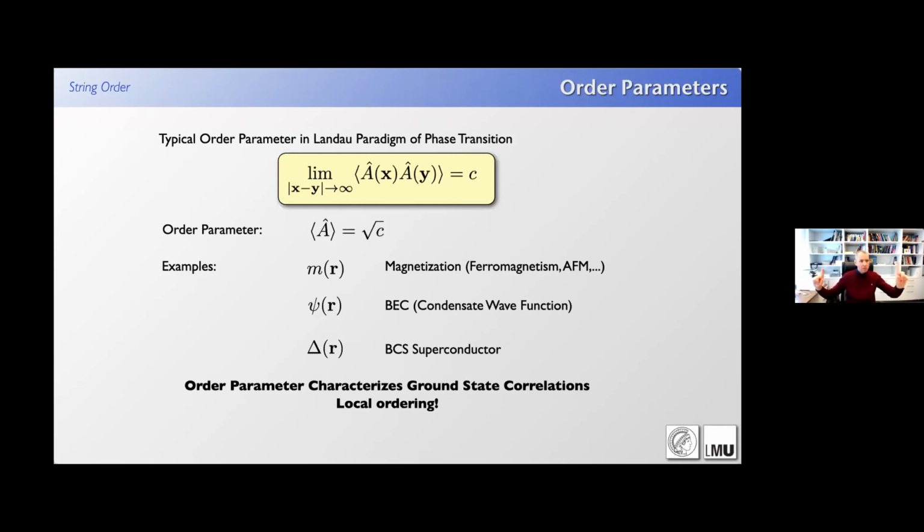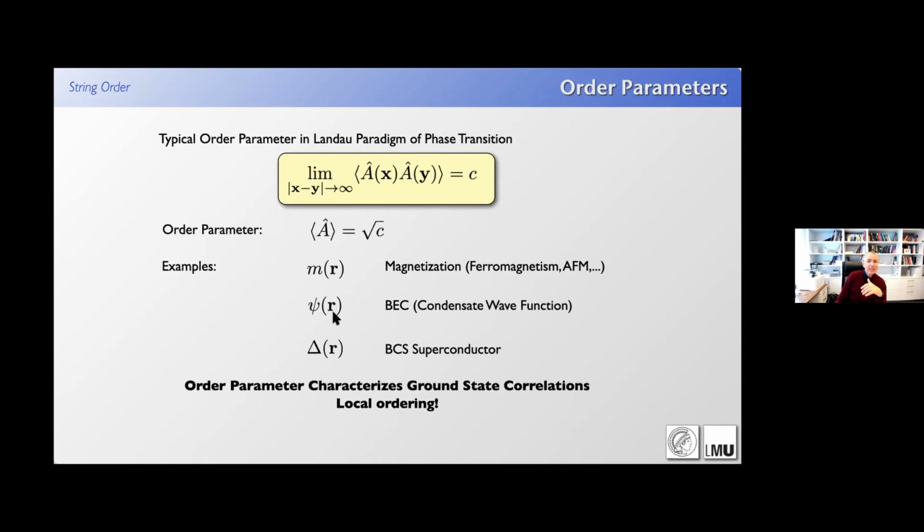So if you know the spin points up here, you know anywhere else on the chain the spin will also be pointing up. Same for a perfect antiferromagnet. If you have this up, down, up, down ordering and you tell me this spin is up, I will be able to tell you what the spin 100 sites away is going to be, if I have this perfect up, down ordering.